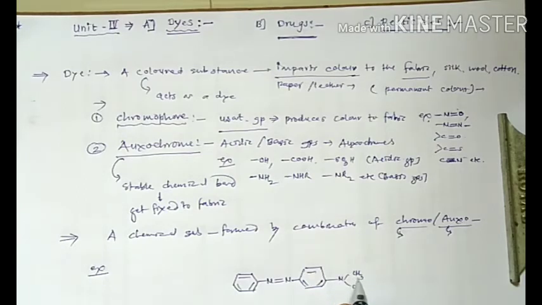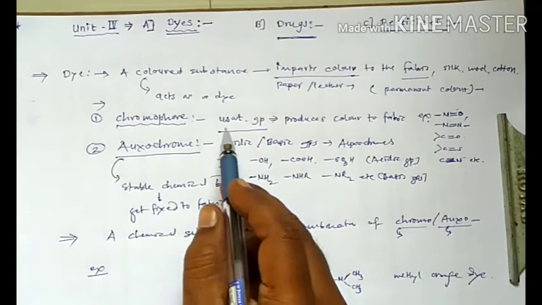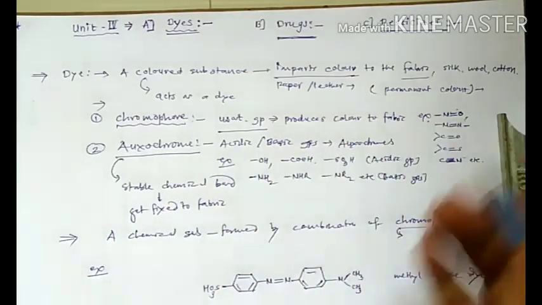So now let me take the example of the methyl orange dye. Here you can look at this dye. It contains a chromophore. What is the chromophore here? It is an unsaturated group which produces color on the fabric.